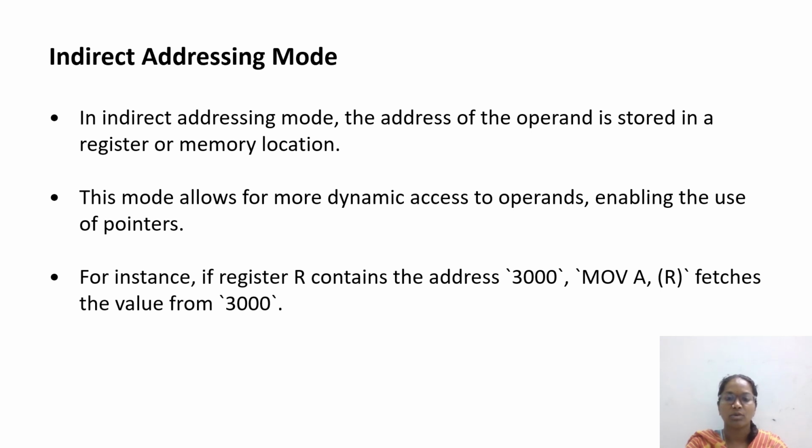This mode allows for more dynamic access to operands, allowing the use of pointers. For this concept, the pointers are represented using the @ symbol. For instance, if a register contains the address 3000, R fetches the value at 3000. This is indirect addressing mode.